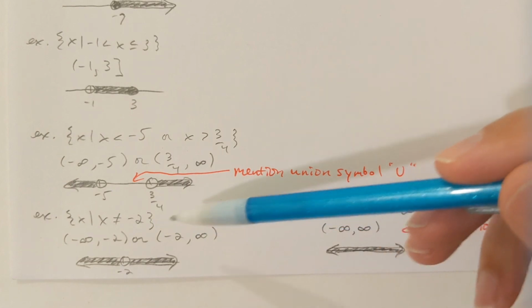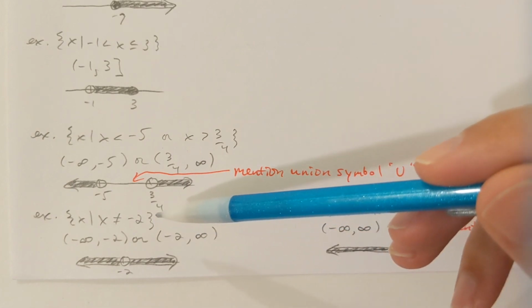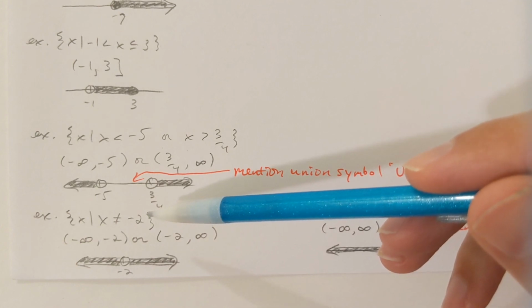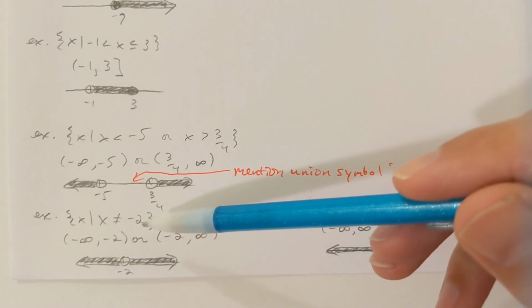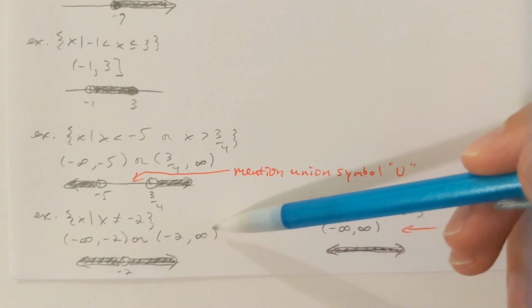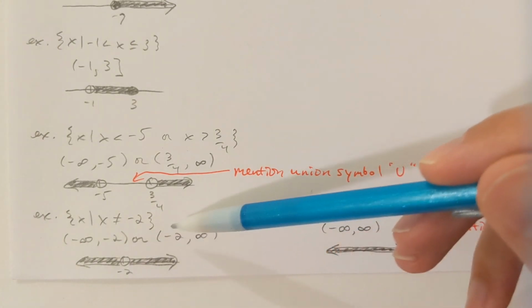In the next example, I have the set of all x such that x is not equal to negative 2. So anything that is negative infinity to negative 2 or negative 2 to infinity would work.